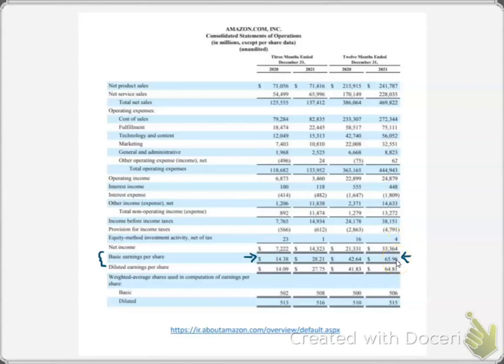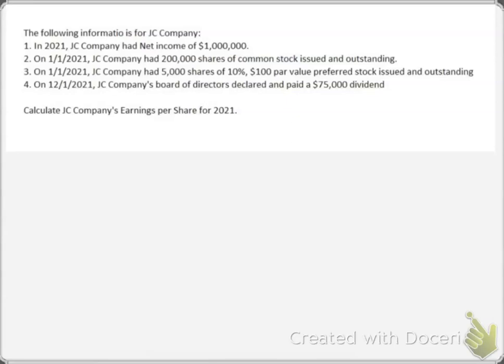Their earnings per share is $65.96 per share. If you remember, Walmart was $4 something per share, but Amazon is $65.96 per share. They both did well because they both made the profits, but Amazon did far better for their owners than did Walmart.